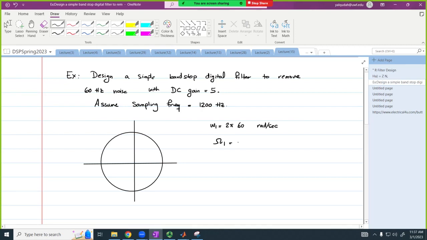W1 times period. W multiplied by T. And what is that going to equal to? 2 pi 60, and what is T? Divided by 1200 hertz.